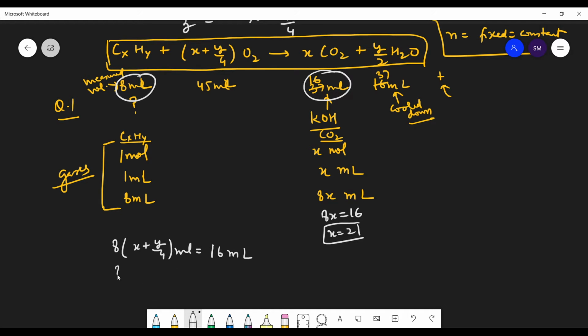So what do you get here, students? 2 plus y by 4 is equal to 16. So what's the value of y from here?